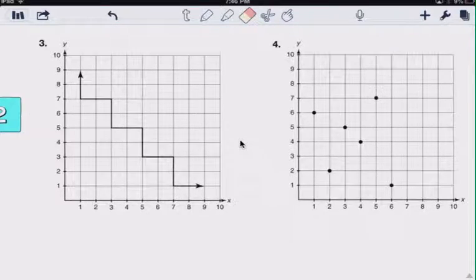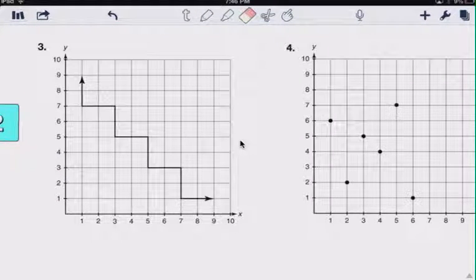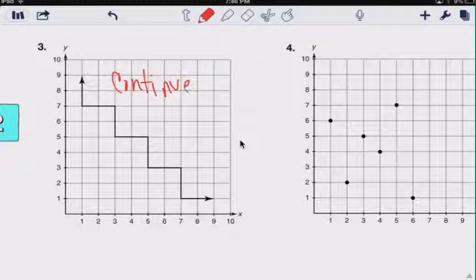Next page. Page 3, number 3, I'm sorry. This graph is connected, so it is a continuous graph. Okay, did I spell that right? No, I did not, didn't think so. Sorry. Continuous.